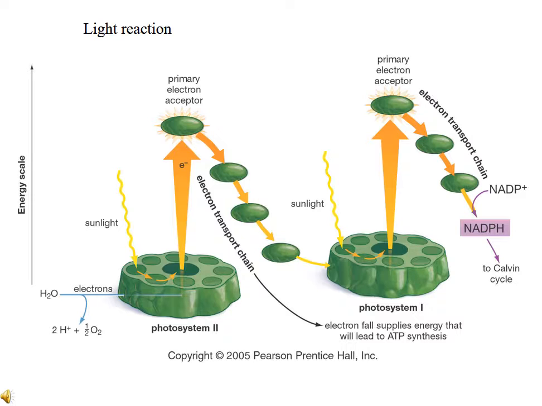We have taken the energy from the sunlight, bounced a bunch of electrons up, and taken the energy out of the electrons and stored them into ATP, energy currency, and NADPH, a package or a bucket full of electrons. Now, what are we going to do next? We're going to take this energy and use it to drive the Calvin cycle.